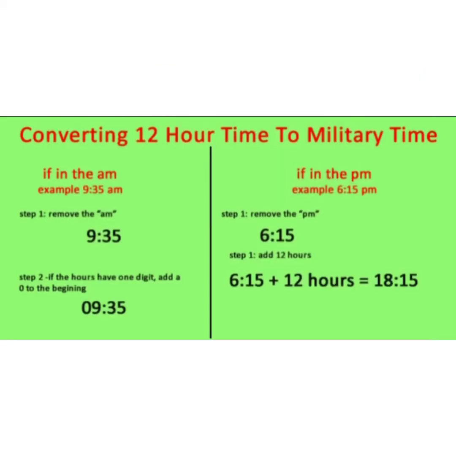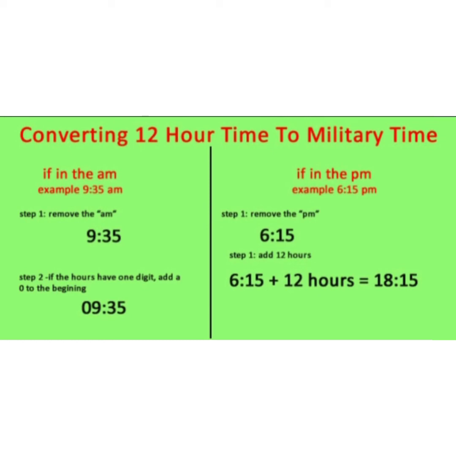For example, how to convert 12-hour clock time into 24-hour time. If it is 9:35 AM in 12-hour clock time, you should remove the AM. It is 9:35. If the hour has one digit, add a 0 to the beginning.